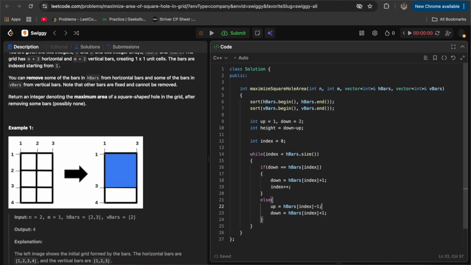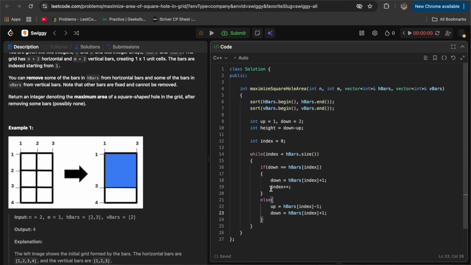for the previous index I am assigning h bar at index minus 1, because if I can't remove that down bar and I'm removing some bar, then I can take both bars which are present before it and after it basically. In this case, those are the up and the down that I can take here. And again I have to increase the index.